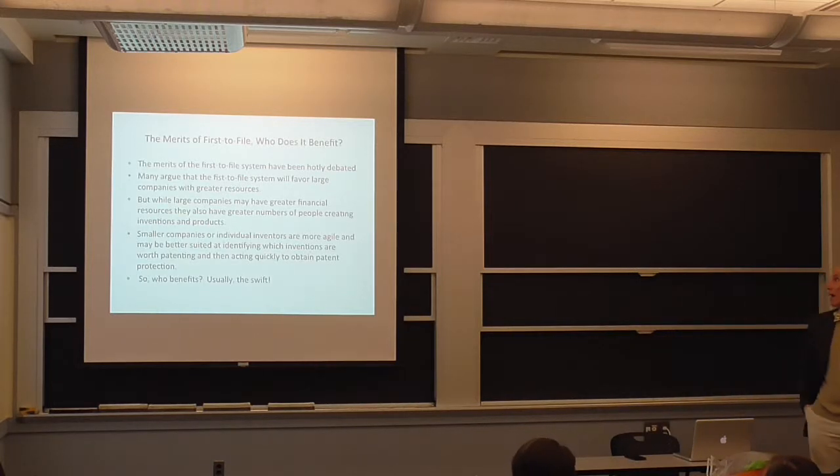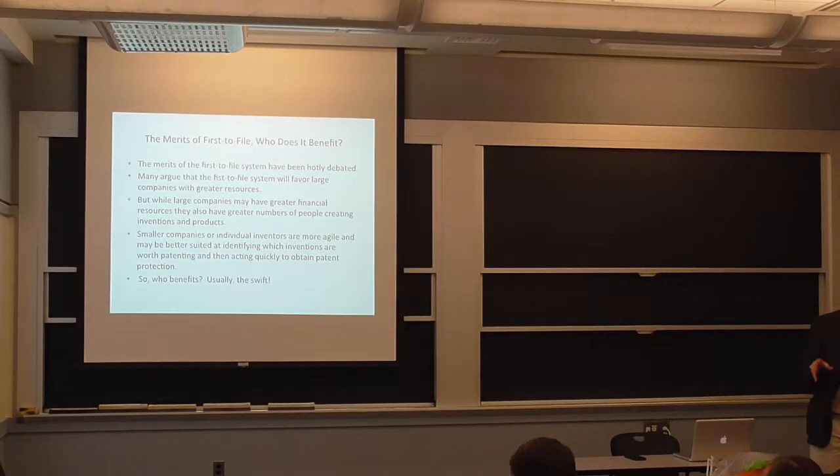The merits of first to file, who benefits? The merits of the first to file system have been hotly debated. Many argue that the first to file system will favor large companies with greater resources, but large companies also have more employees and bureaucracies to deal with, and lots of people, inventions, and departments to manage.